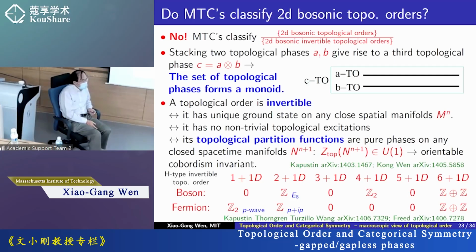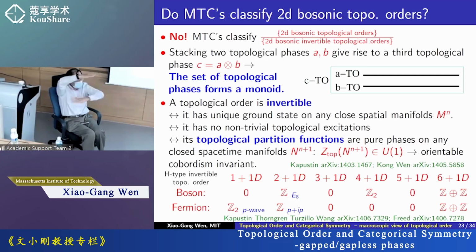Invertible topological order has no anyons. The reason is the following. When you have anyons, anyons cannot hop between layers. If I have two layers of topological order, each with anyons, as topological excitations they cannot be destroyed by themselves, so anyons cannot hop from one layer to another.